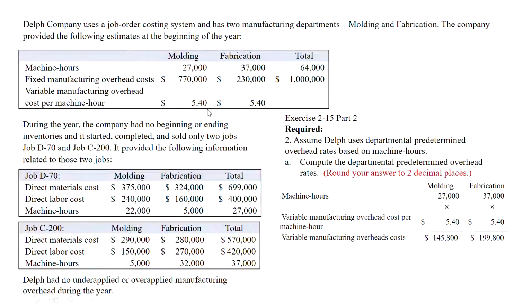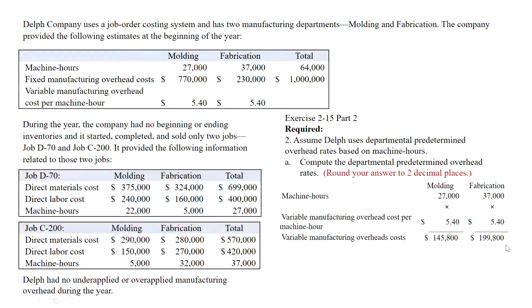Don't assume that that's going to be the case for your exam questions or extra credit. Multiplying 27,000 estimated hours for molding times 5.4 is an estimated variable manufacturing overhead cost of molding of 145,800. Estimated machine hours for fabrication, 37,000, times an estimated rate of 5.4 is total estimated variable manufacturing overhead cost for fabrication of 199,800.